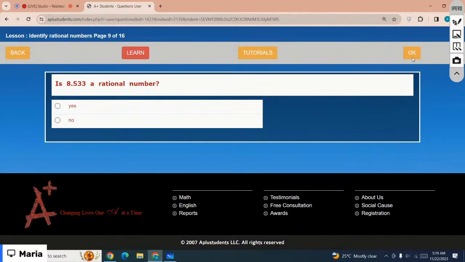Is 8.53 a rational number? Which is the correct option?